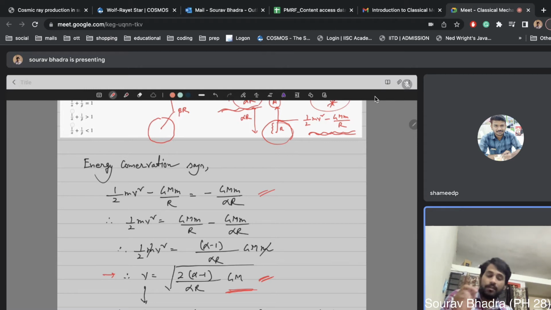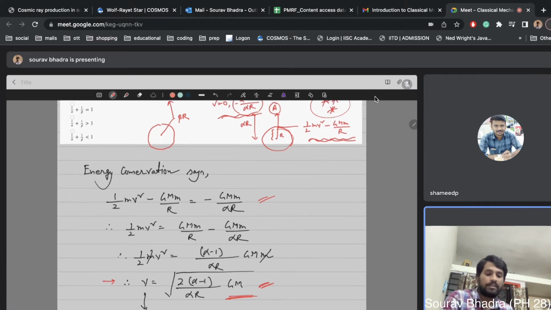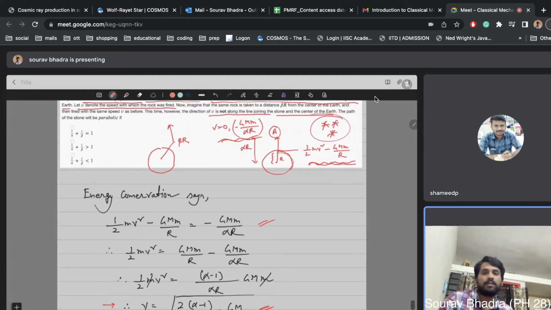There I used the condition that for the circle epsilon equals 0, but for a parabolic trajectory you should use the condition that epsilon equals 1, and follow the same procedure. You will get to a condition that is important for this problem. I have not done that part, but you will get it if you follow the same procedure.